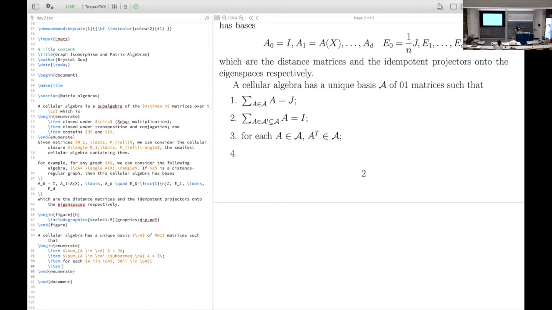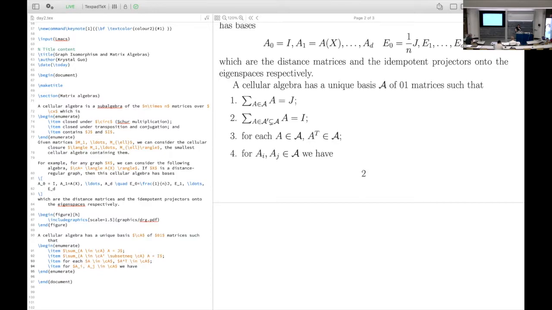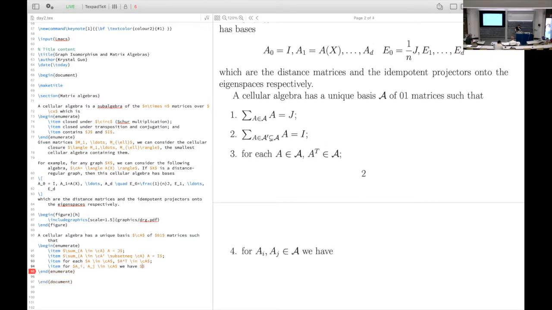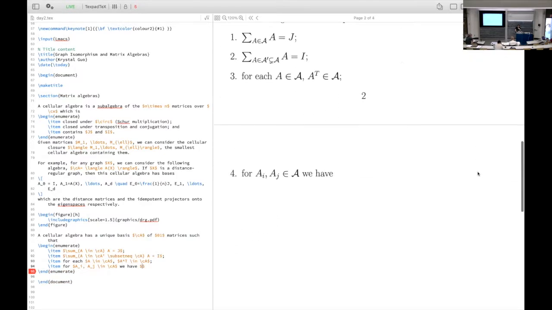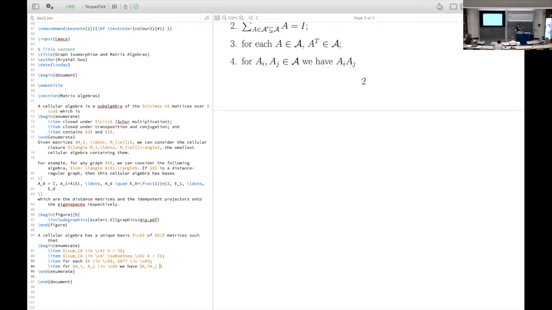Now the next one you kind of get for free: if A_i and A_j are in the basis, the space is closed under matrix multiplication and linear combinations. So if I take their product, this matrix still lives in that matrix algebra.